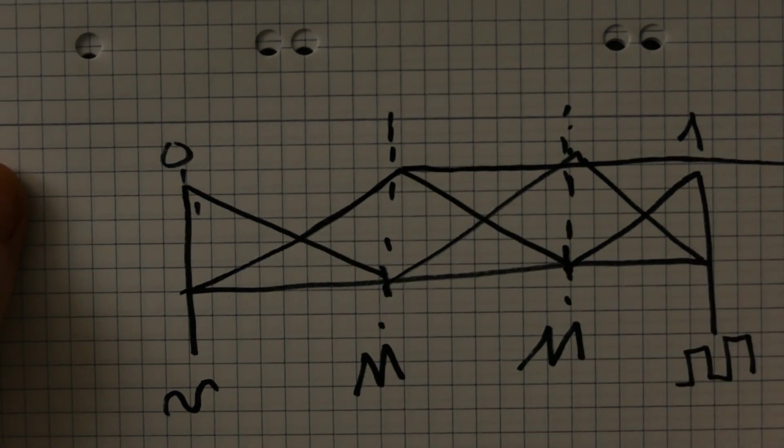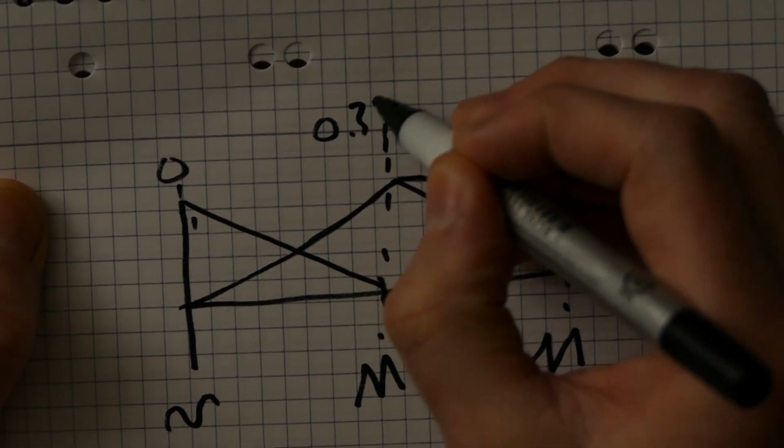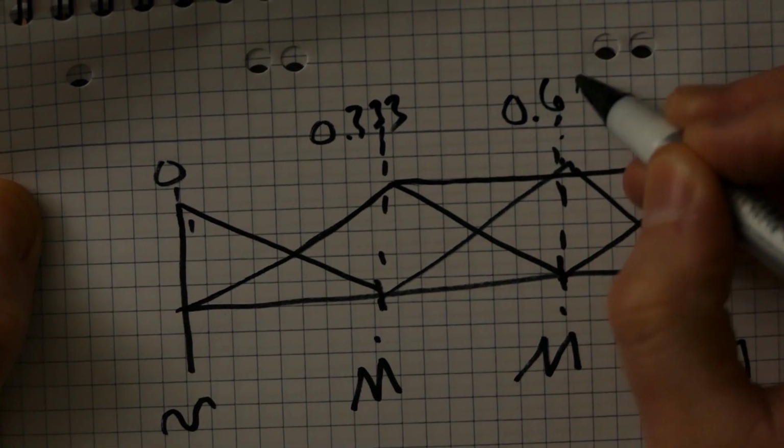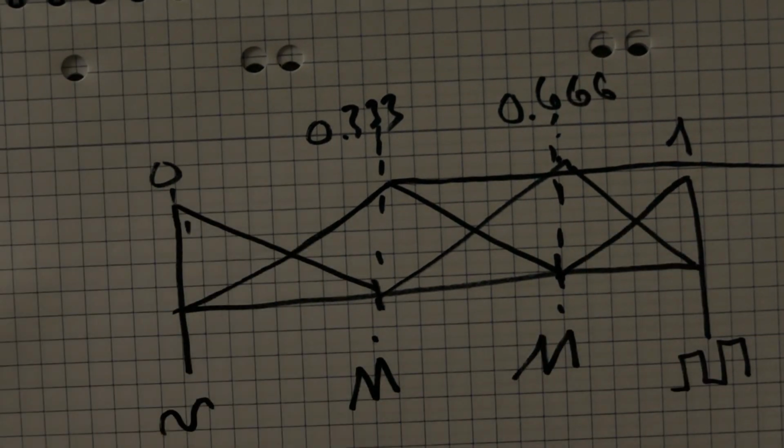So we need to chop this up into 3 different parts. And of course, we're splitting them at 0.333 and 0.666.